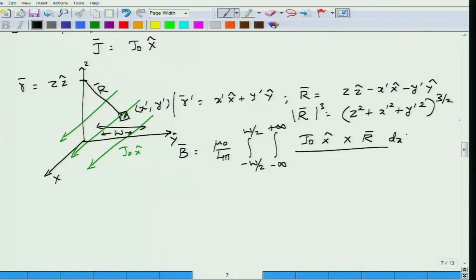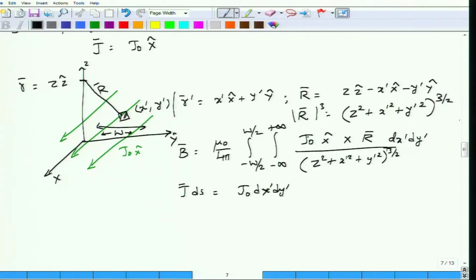divided by, and this is the integration with respect to x and y, because this is a surface integration over the xy plane, and this is given by z square plus x prime square plus y prime square to the power 3 by 2. I hope this integral is alright with you, because the current density J ds is actually given by J0 dx prime dy prime.